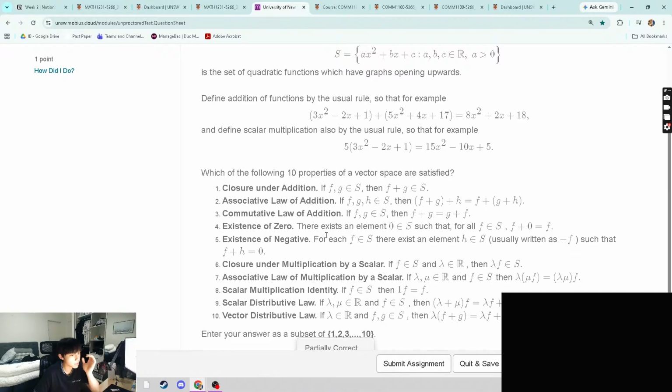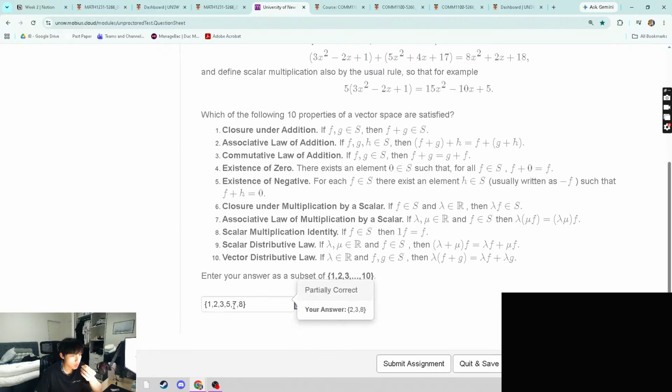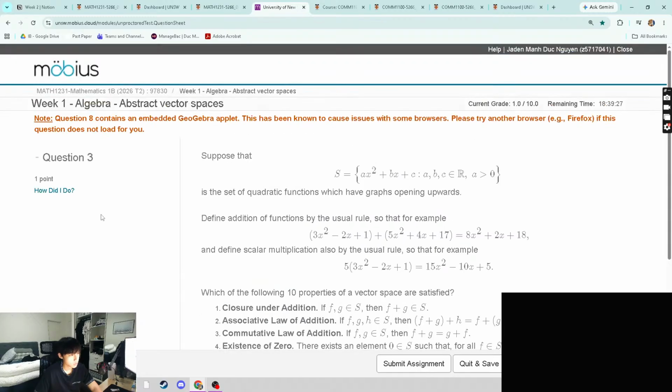Closure under multiplication definitely doesn't work, because a is larger than 0. If we have a negative scalar, that changes our a coefficient to a negative, which is not going to be in S. Associative law of multiplication, we probably don't get as well, so we don't get 7. Is it just 1, 2, 3?